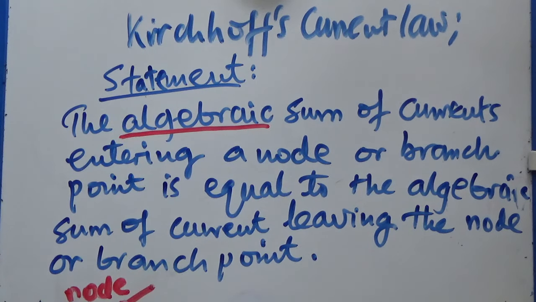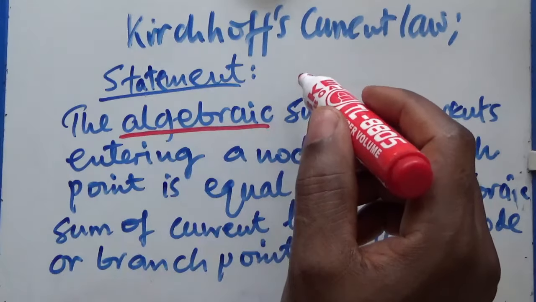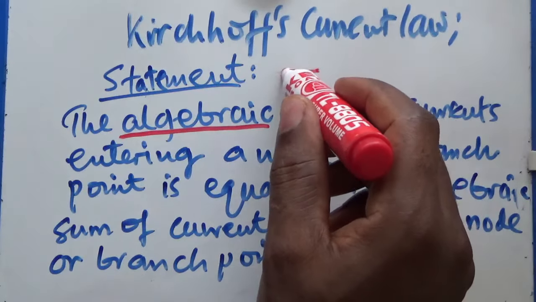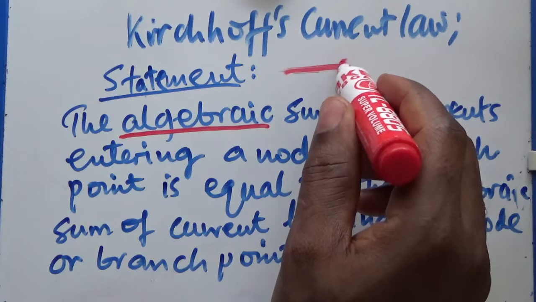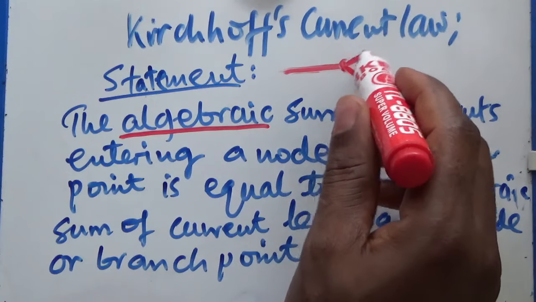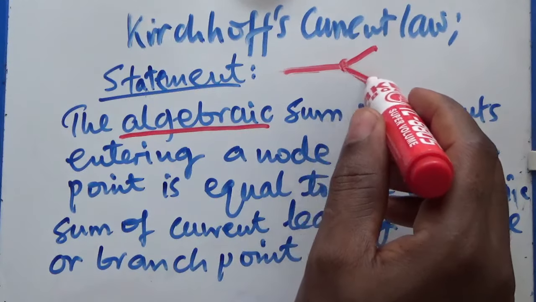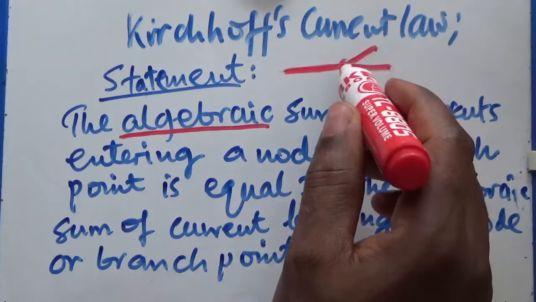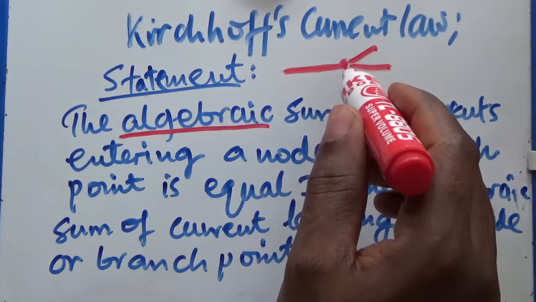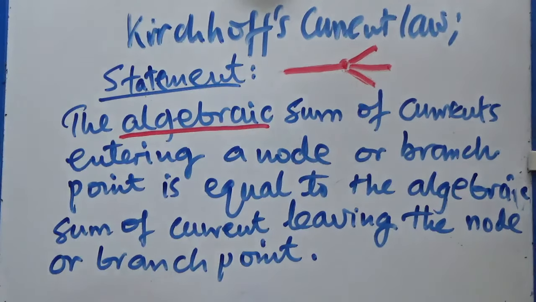So if we have a wire having current flowing in it, and then at some point there is a junction to other different wires, 2, 3, 4, if this was I1, this is the branch point, the node where they meet and they eventually get out.